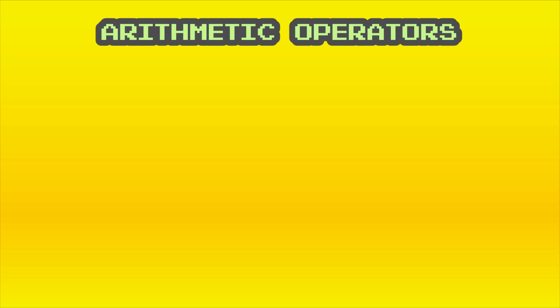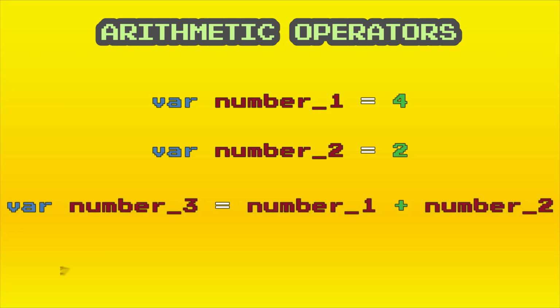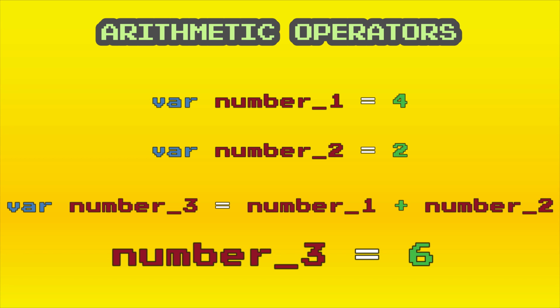Let's see another example. Create two variables, and give them the values of 4 and 2. Now create a new variable, adding the values of variable 1 and variable 2. Can you guess the result of the variable number 3? Six.